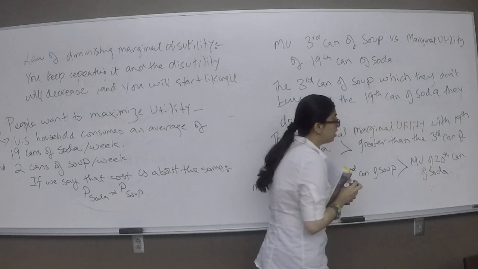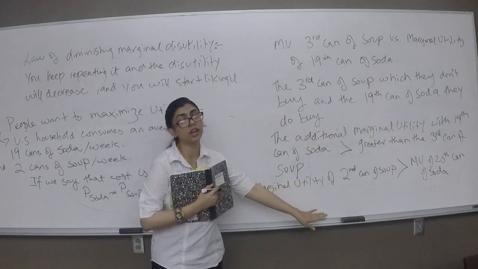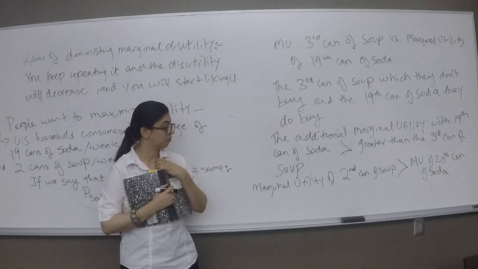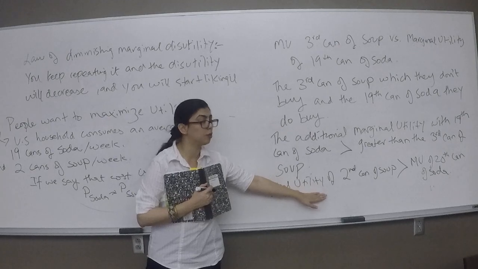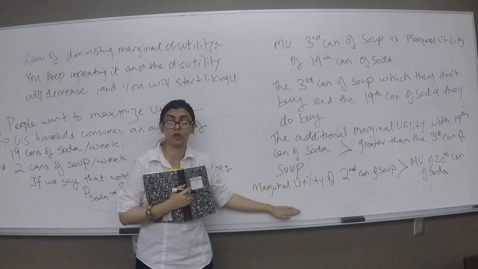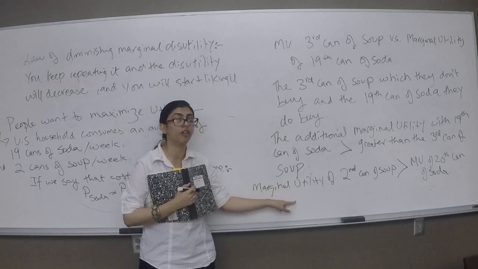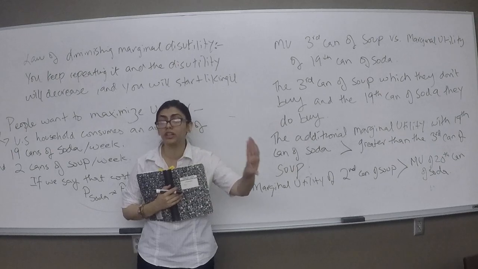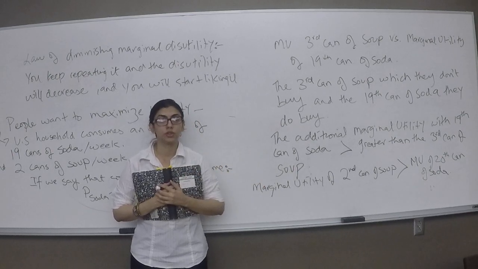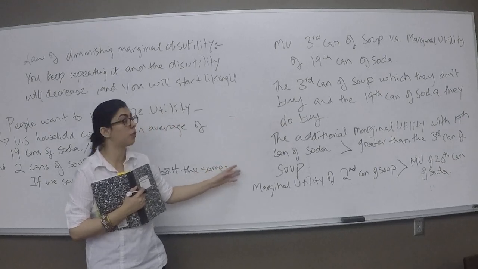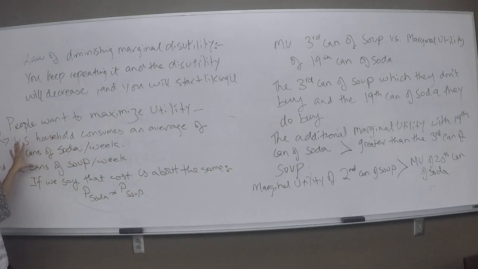The 20th can of soda that we are not consuming, and the second can of soup we are consuming. So the marginal utility of the second can of soup is greater than the 20th can of soda. We can also say that. So these are all the things that we can say from just this information that's given to us.